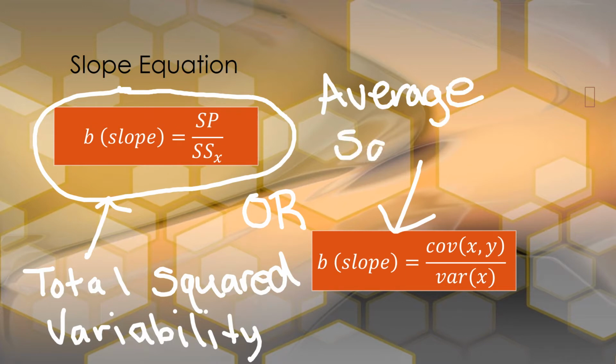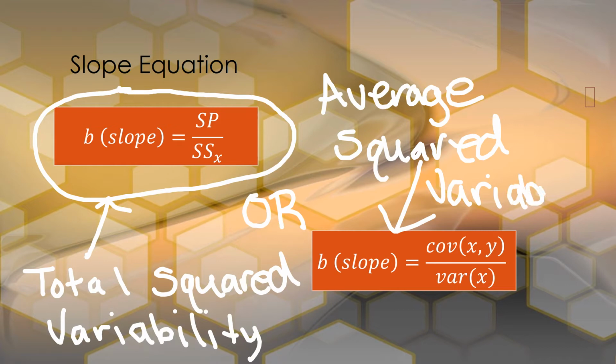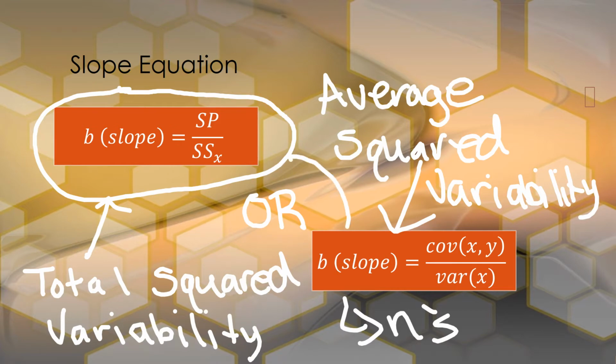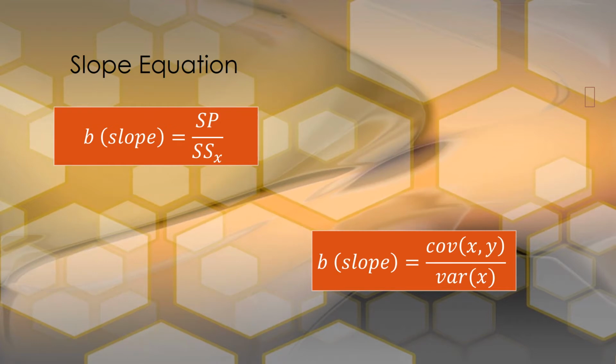Not exactly, because of degrees of freedom, but it takes into account sample size. So it takes into account the n's. But what happens is the n on the top and the bottom cancel out, and then you end up with just this formula here. So this formula on top is a little bit quicker than the bottom one. So that's why I'm going to choose to teach you the top one.